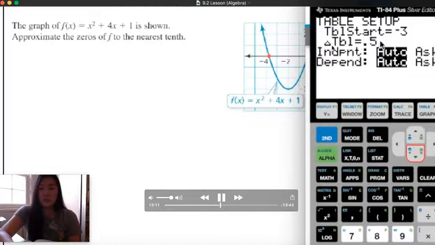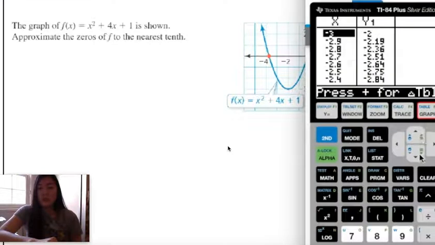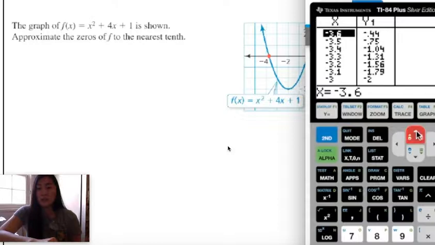This is the triangle here. Change the table to 0.1. I'm going to put 0.1, not 1, but 0.1, so that my table is going by decimals. So here it is, my x values and my y values right there. Scroll up and down to see.